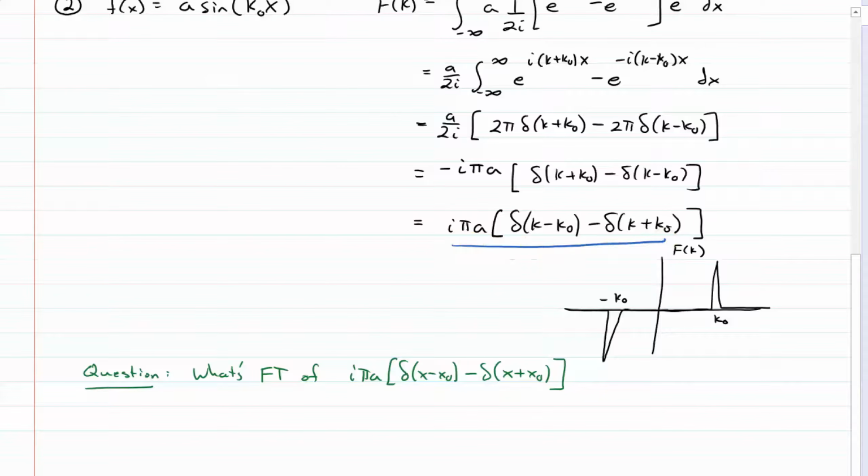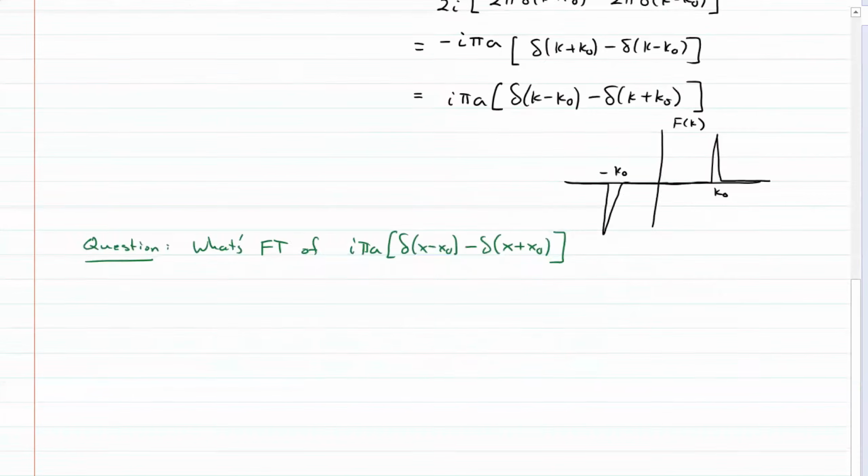So I'm saying, what if I knew that function is a function of x? What would be the Fourier transform of it? Well, let's calculate it. So f of x is equal to i pi a times delta of x minus x0 minus delta of x plus x0.